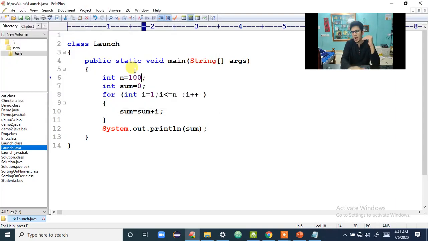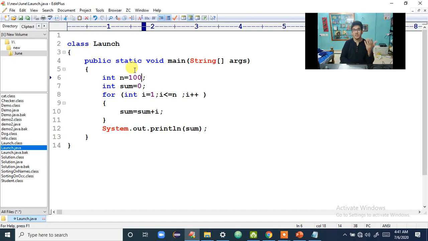You tell me how many times my for loop has executed. Don't you think when my n value is 100, my for loop will execute 100 times? If my n value is 1000, my for loop will execute 1000 times. If my n value is 1 crore, my for loop will execute 1 crore times, right?